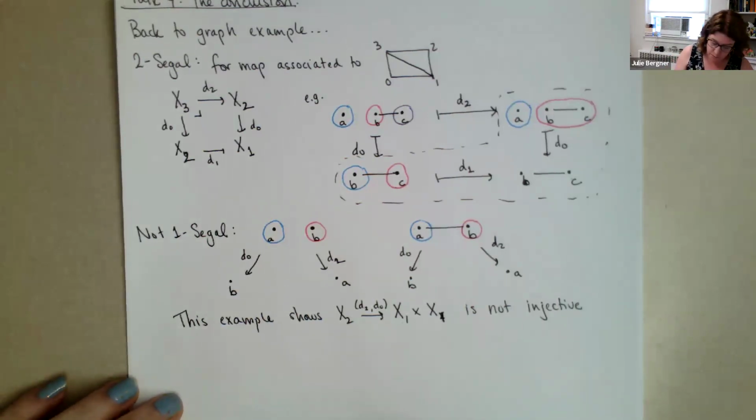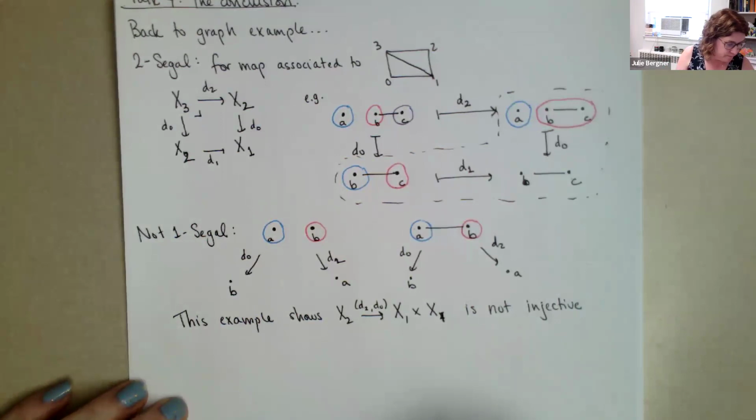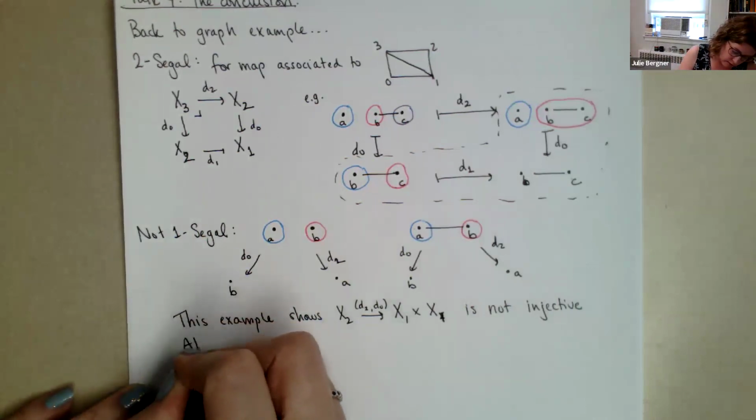Okay. But in fact, in general, the 1 Segal maps are also not surjective.